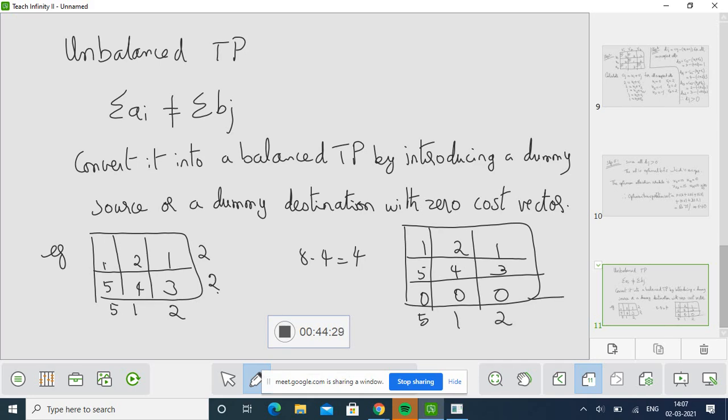Take the maximum of the total, the value is 8. So, here I have 2. I will copy the 2. Here also, I will copy the 2. So, what is remaining? 8 minus 4 is 4. Put the 4 next to the row of zeros. Now, this problem which was unbalanced earlier has now been converted into a balanced transportation problem.